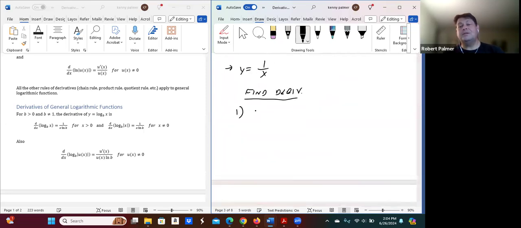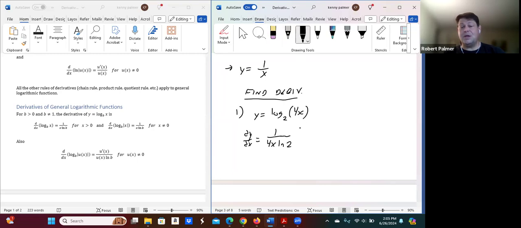So number one, let's say I want to do y equals log base 2 of 4x. Using this rule, y prime, or dy over dx, is going to be 1 over the something, 1 over 4x, but also times the natural log of the base.